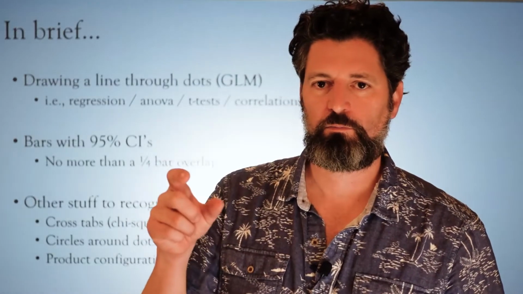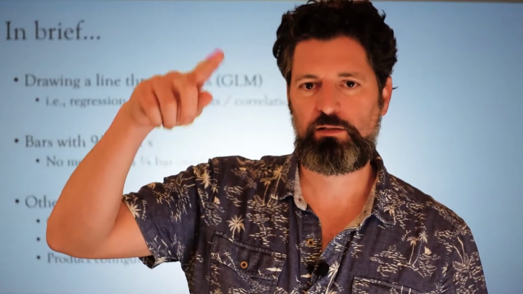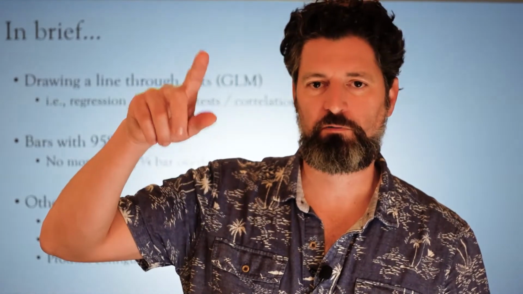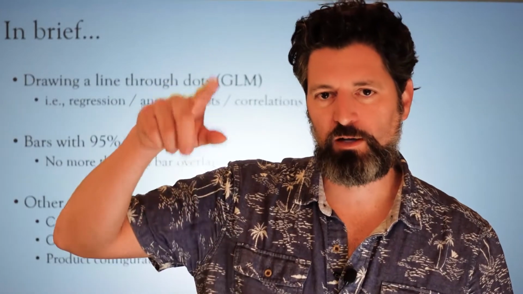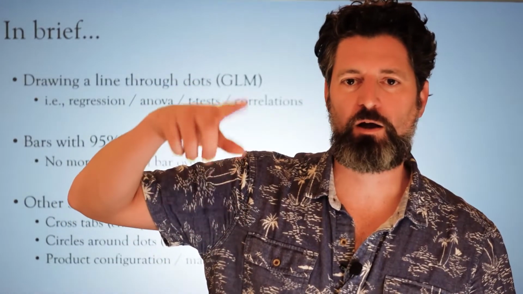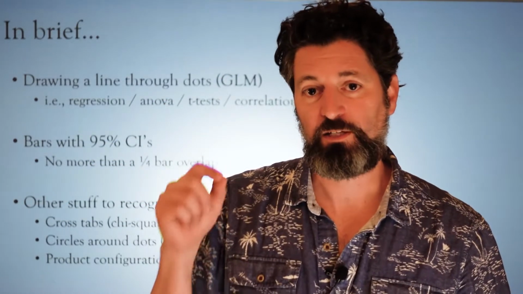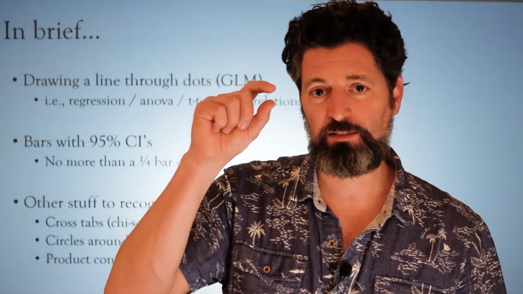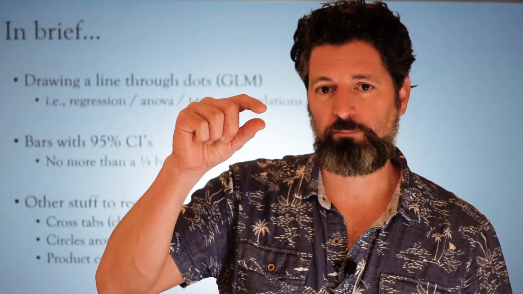So what we want to remember is that the true value can be anywhere in a particular zone around the top of that bar. A 95% confidence interval draws that line in and gives us an idea of how much that bar could actually bounce up and down based on the data that we've looked at. If the data we've looked at is super consistent, then that bar is only going to be able to bounce a little bit.